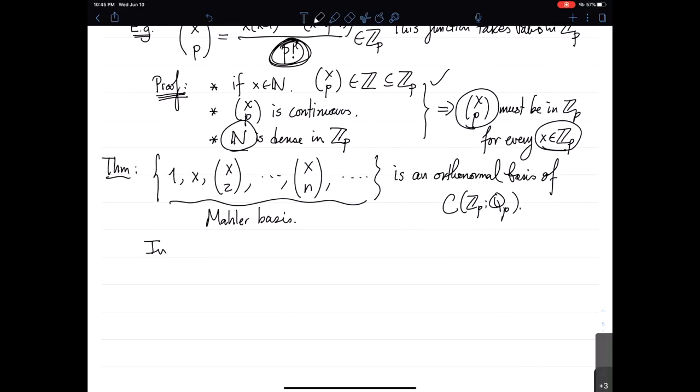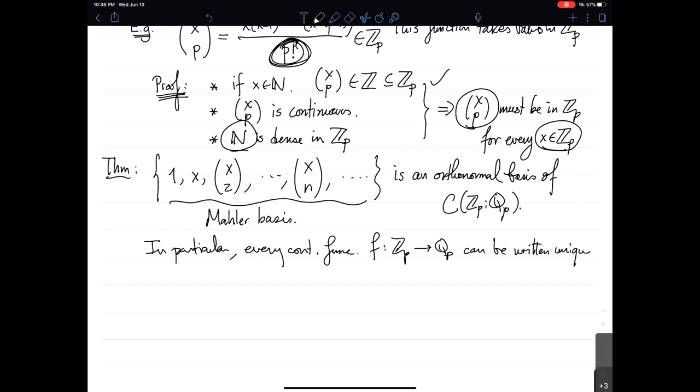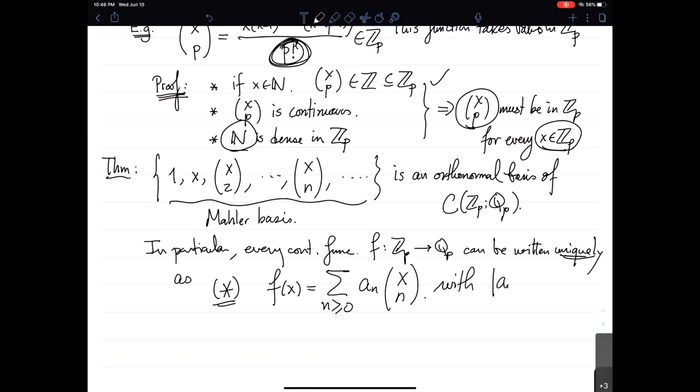So in particular, every continuous function f from Z_p to Q_p can be written uniquely as, let me write star for this equation, f(x) being the sum over n greater than or equal to 0 of a_n times x choose n, with the norm of a_n going to 0.